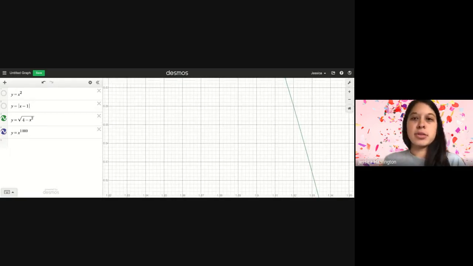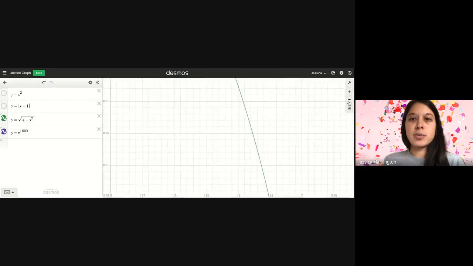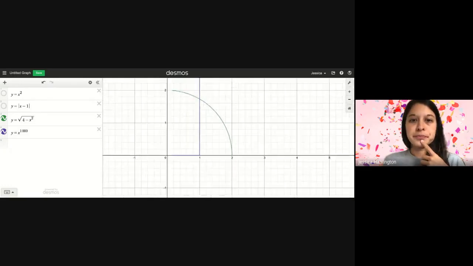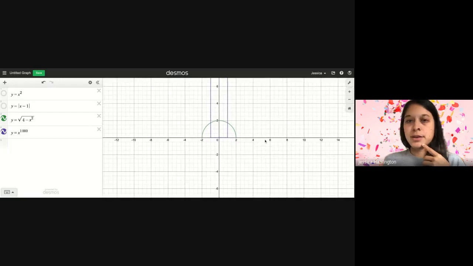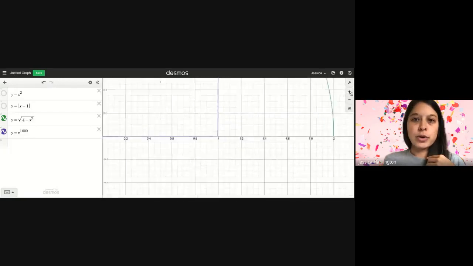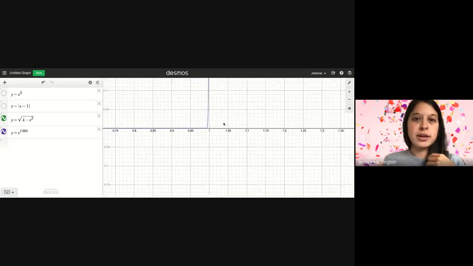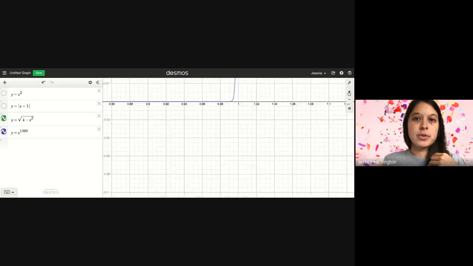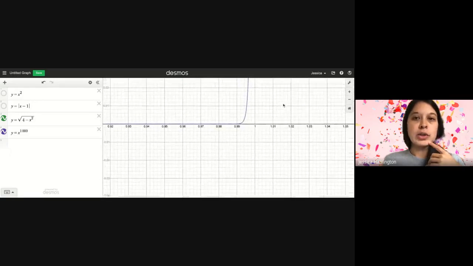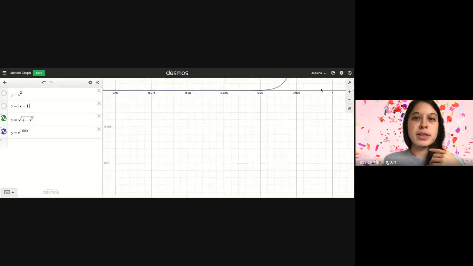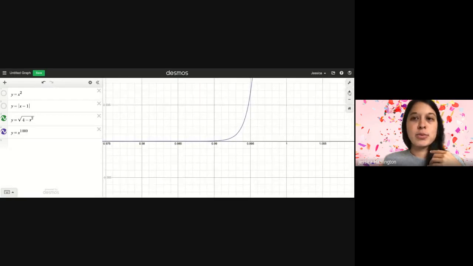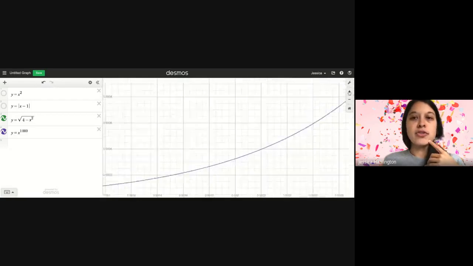You can do that with this purple one, x to the 1,000th, as well. Even at these corners, it's not even really a corner. It looks like one, but when you get in there and keep zooming in, it will be just a line.